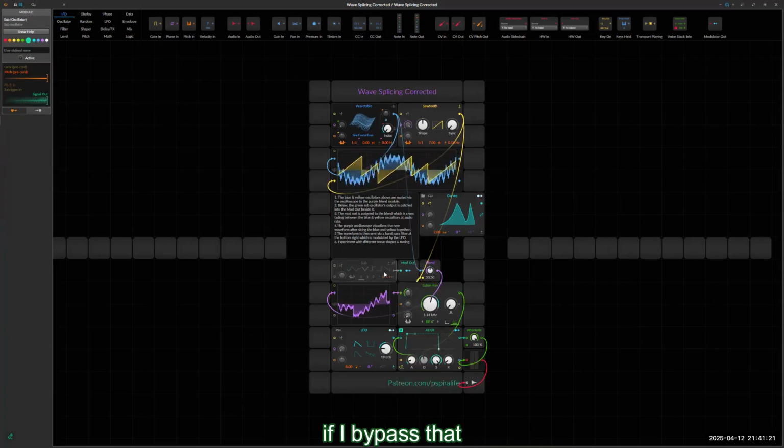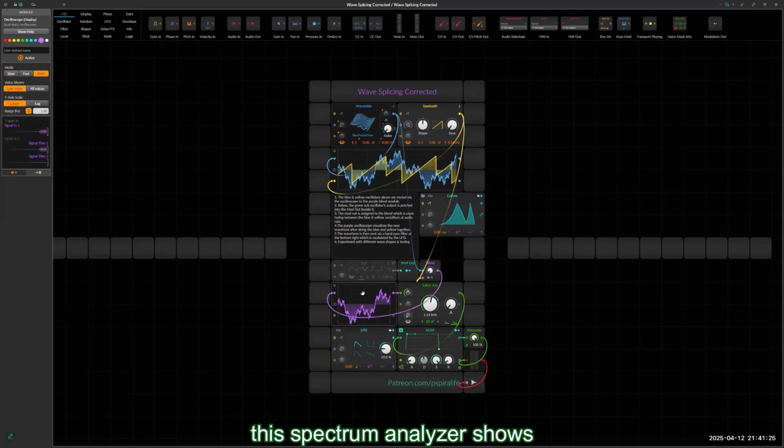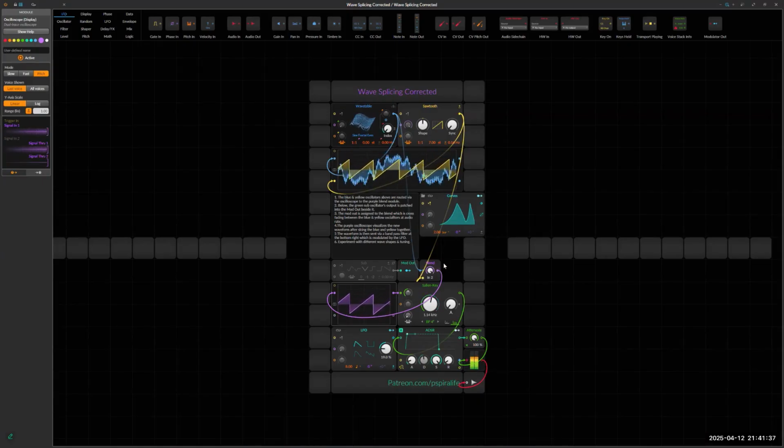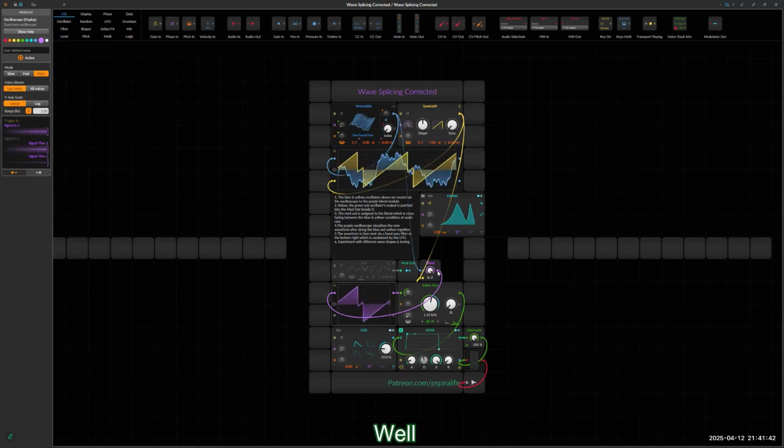If I bypass that and then crossfade to the left, this spectrum analyzer shows just the wavetable, and this one shows the saw wave. Do you know how it's different to FM?